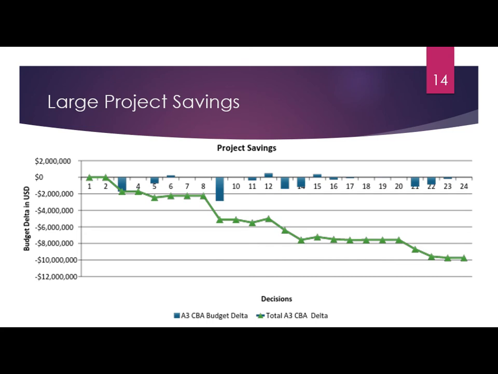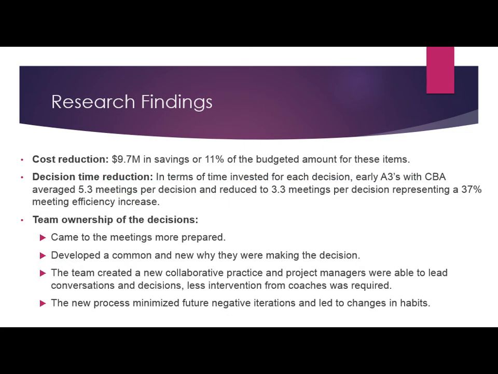For most decisions, the team was able to create alternatives that saved money and provided value for the customer. But in some cases, they decided to go over the budget. Overall, the reduction in cost with all the decisions was $9 million, which is 11% of the budget for that portion of the building.